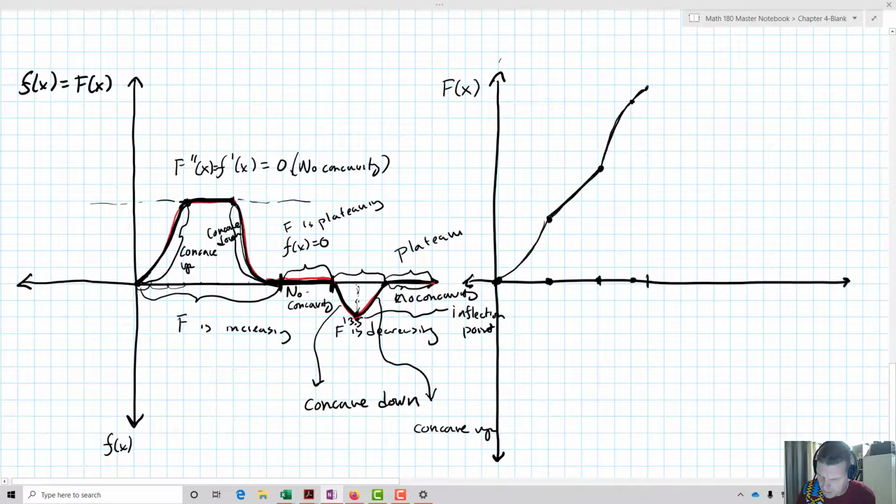Okay. There we go. And then we'll go back to no concavity, and f is plateauing for another 3 spaces. Okay, and that's because f prime of x equals 0. Okay, so hence you're at a max or a min. And in addition to that, no concavity, so it's got to end up being flat.